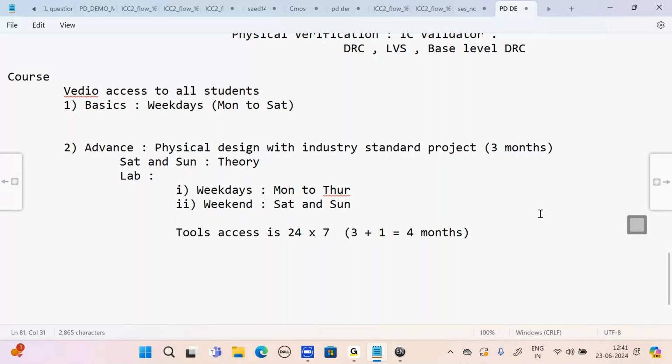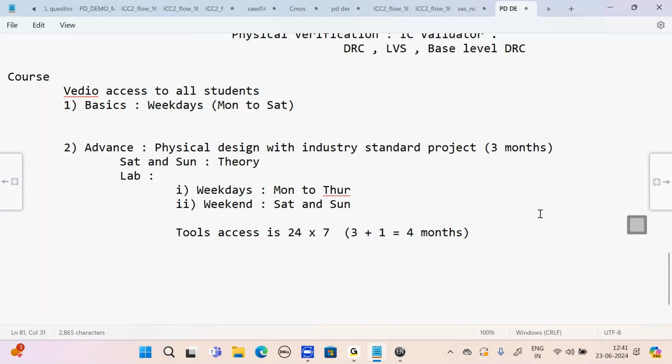See, changing the mode is left to you. Whenever you feel you can attend online, or whenever you feel you can come offline, anything you can do. Today you can do online, tomorrow you can come offline. Mode of attending the classes is left to you. You can come offline. Mentor is available in the institute.